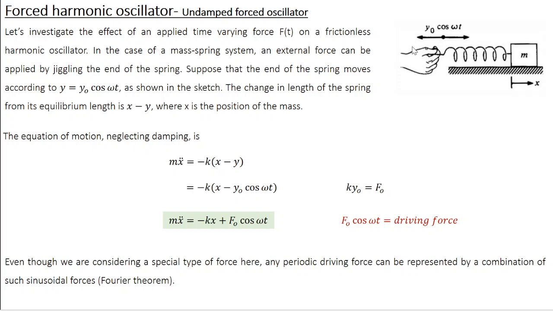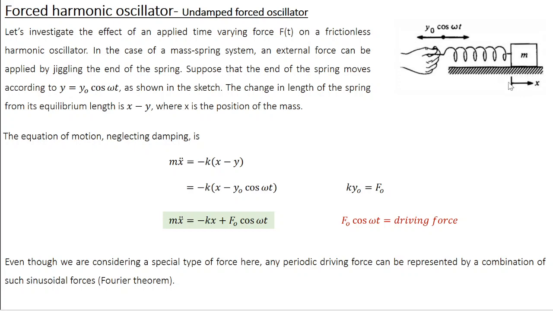When you apply this external force, the end of the spring is going to move with a displacement y equal to y0 cos omega t. So this is a sinusoidal variation in the displacement. Now let x be the displacement of the mass from its equilibrium position due to the restoring force. So now you have two displacements.